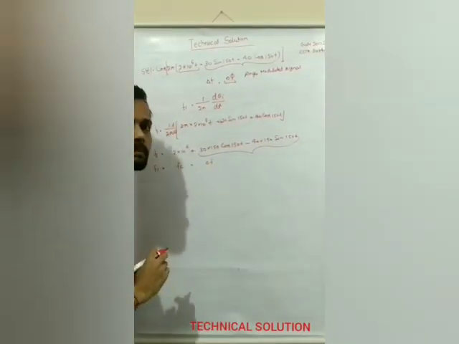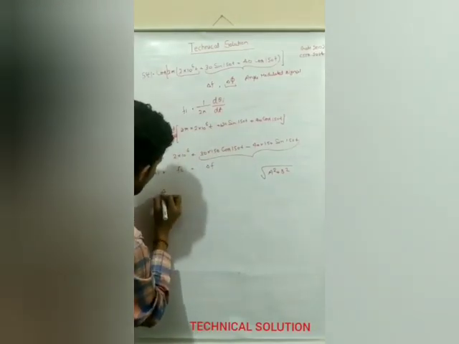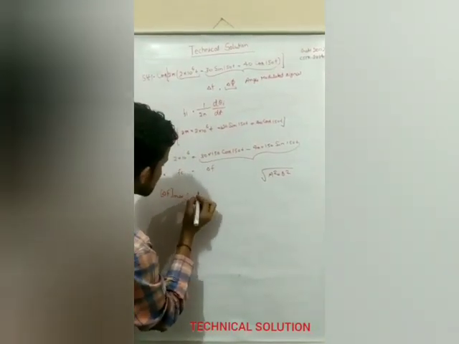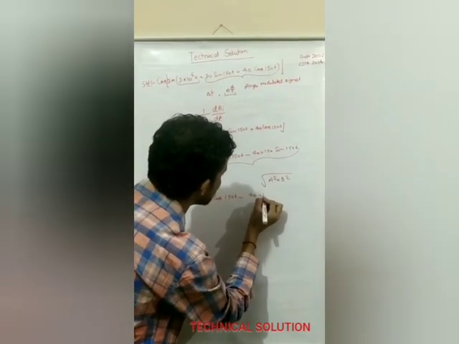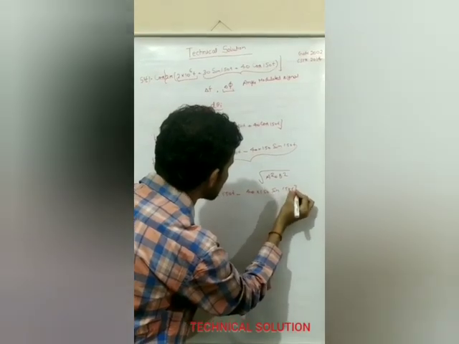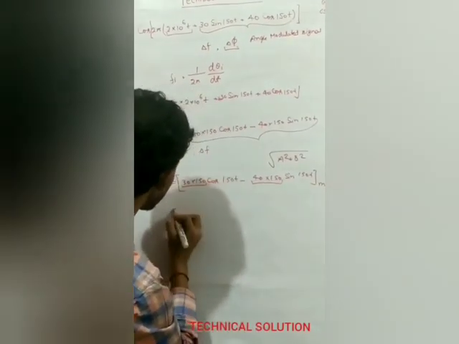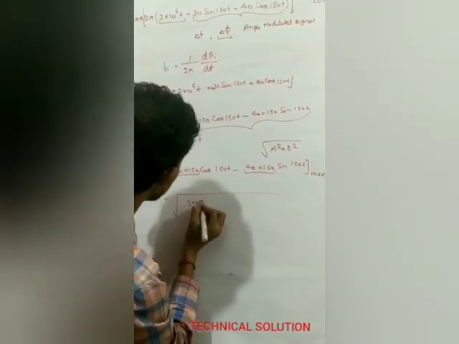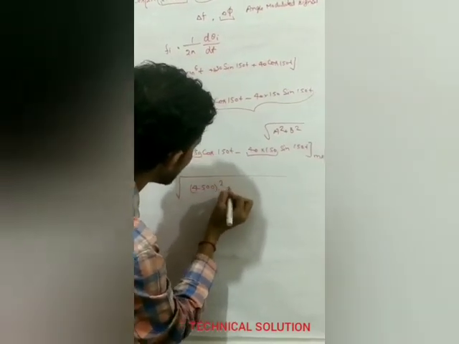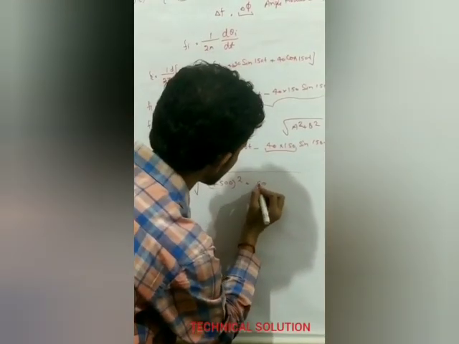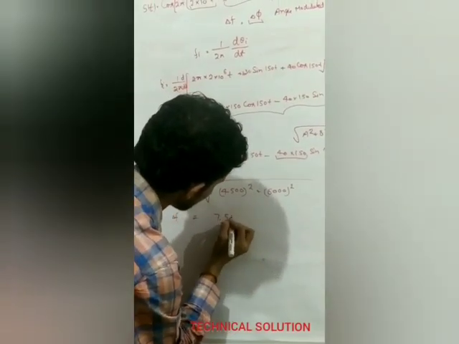The maximum value of a cos θt plus or minus b sin θt is given as the square root of a squared plus b squared. So the maximum value of delta f, that is 30 into 150 cos 150t minus 40 into 150 sin 150t, is found by the magnitudes: the square root of (30 into 150, that is 4500) squared plus (40 into 150, that is 6000) squared, which is 7.5 kilohertz.